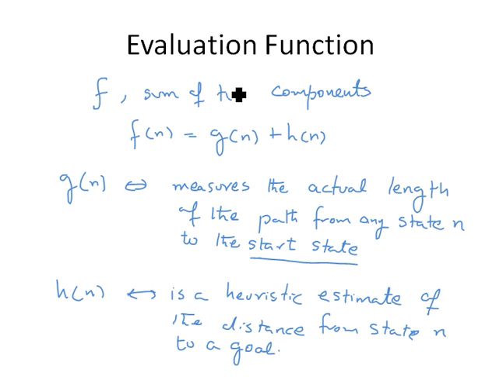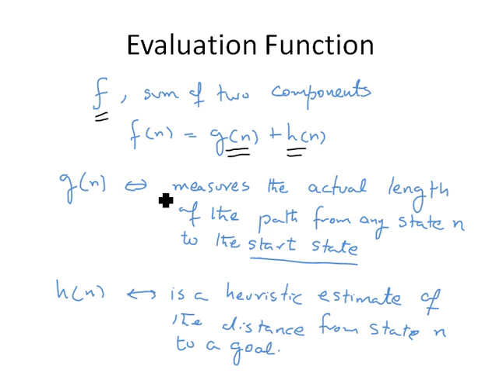Now the evaluation function f is a sum of two components. Whichever state we are on, n signifies any state, whether it's first or second or third or 28 or whichever. It has two components, g(n) and h(n).